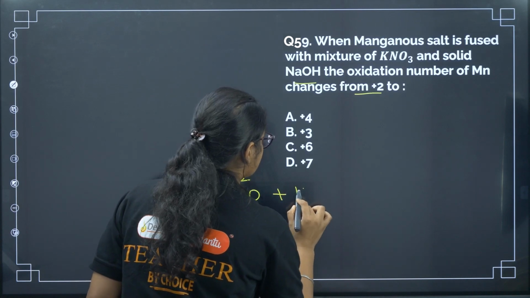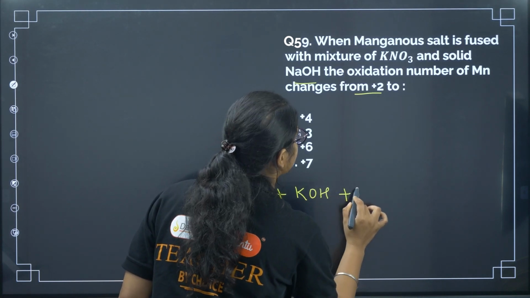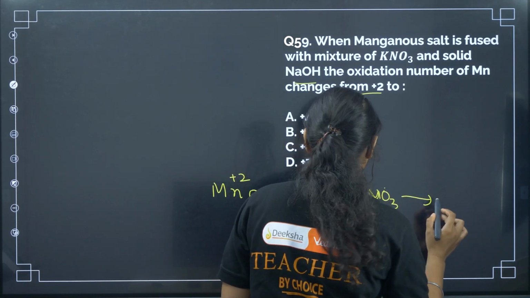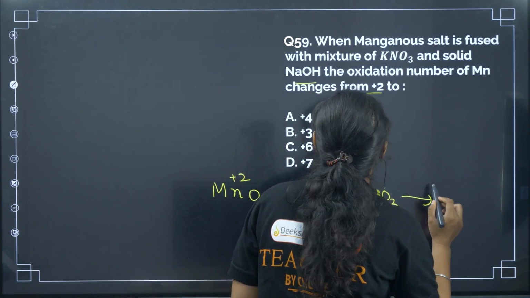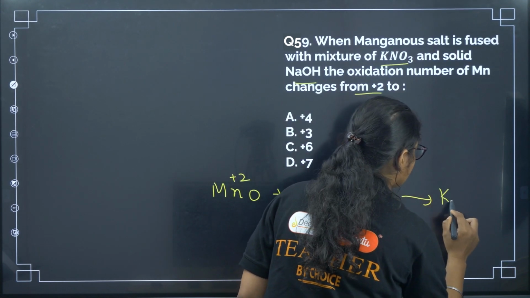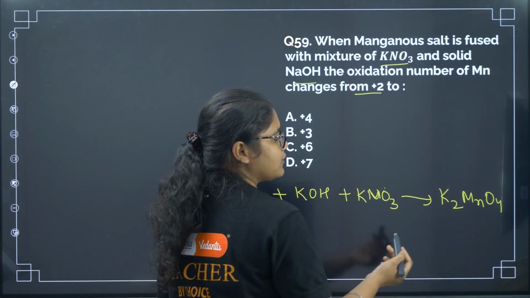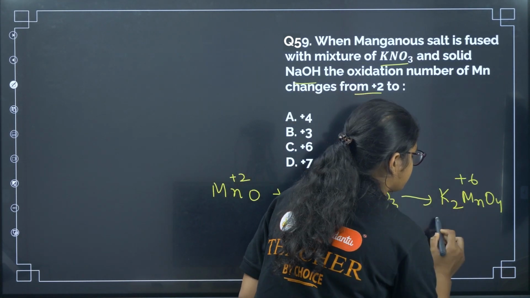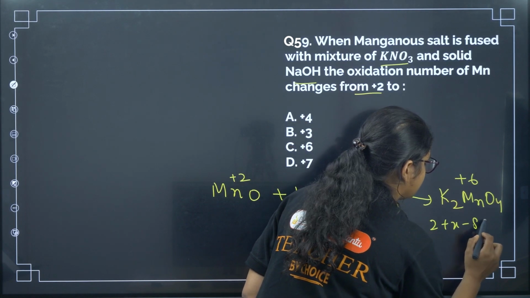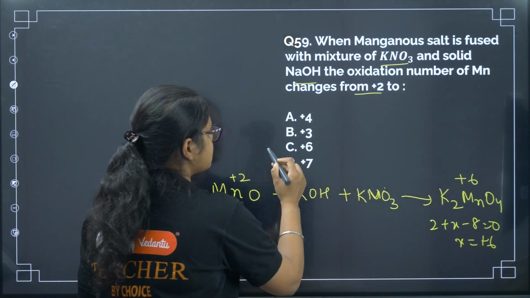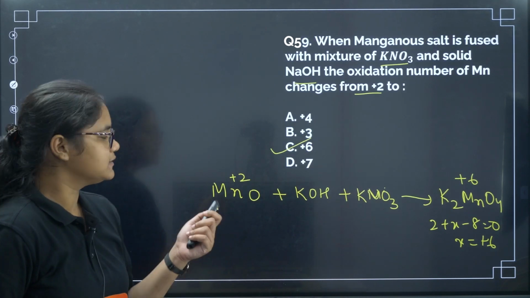When you treat it with KOH and KNO3, you form manganate, that is, you get potassium manganate, so we'll get K2MnO4. So the oxidation state of manganese here is plus 6, so you can say 2 plus x minus 8 equal to 0, so x is equal to plus 6. So the correct answer for this question will be option number C.